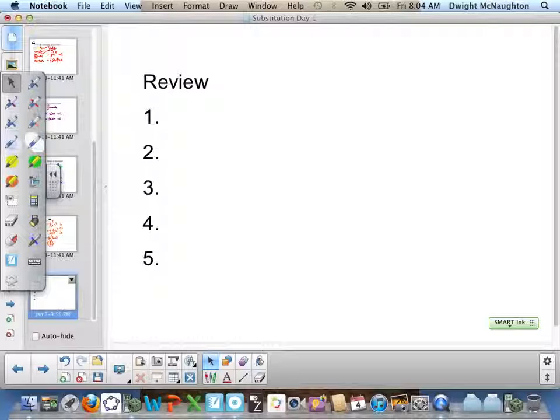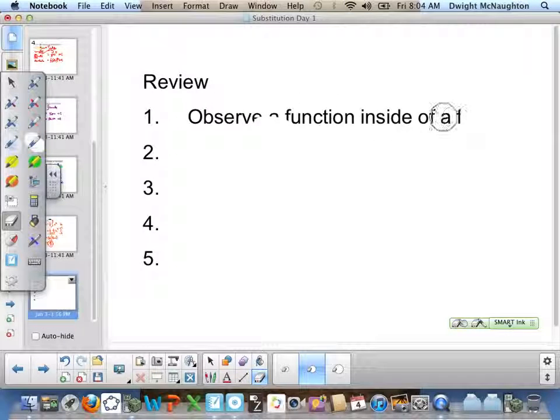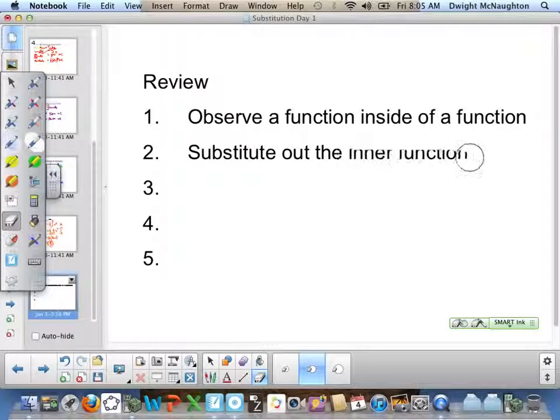All right, so in review, first thing, you need to make an observation. Observe that you have a function inside of a function. And also observe that the derivative of that function, not exactly, but within a multiple of a constant, is outside of the function. Then you're going to substitute out the inner function with u.